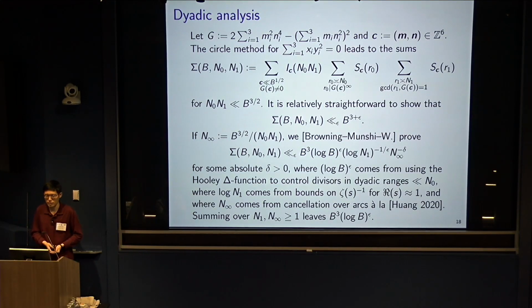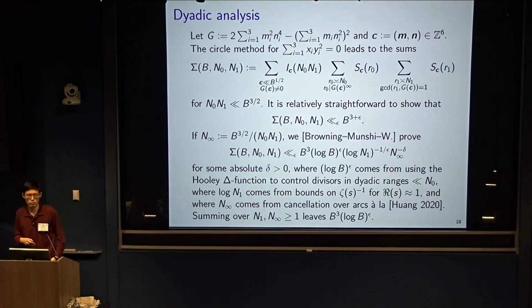So as I said, we had this kind of better than square root cancellation, which means instead of worrying about L functions near the critical line, now we're just interested in L functions near the line 1, which is much easier. So there we just use the prime number theorem to get arbitrarily large powers of log saving, for example. Then n infinity is the same thing that happens for the Fermat case with sum of 6 equals 0.